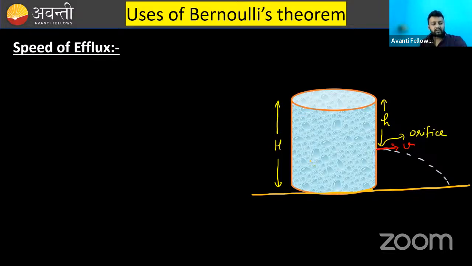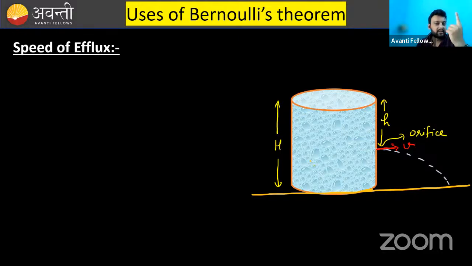Now, let me assume one more thing here. The liquid will come out of this orifice, so the liquid level will decrease in the tank, but the fall in the level will be very slow. So the velocity of the top surface is very low compared to the velocity of the fluid coming out of the orifice, so we can ignore the velocity of the surface.